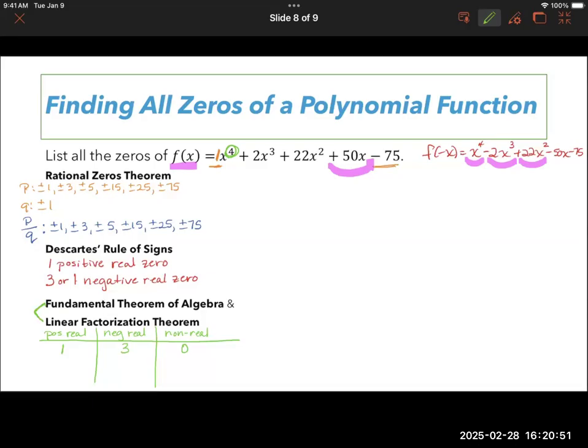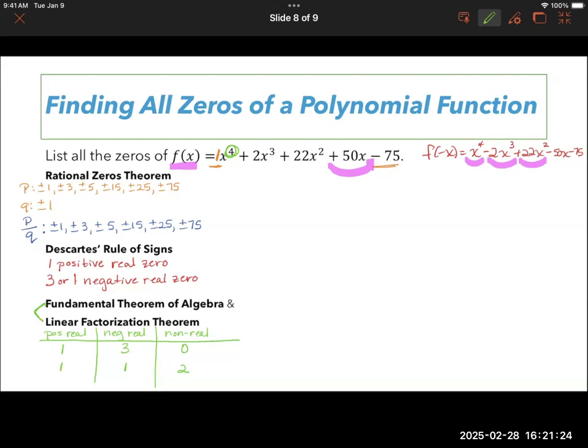But I could also possibly have 1 positive with 1 negative. And if that's the case, then there are still 2 other zeros to be accounted for, and so those must be non-real zeros. So this just gives us an organized way of looking at what the possible outcomes might be, so that as I start working, I'm not working on things unnecessarily.